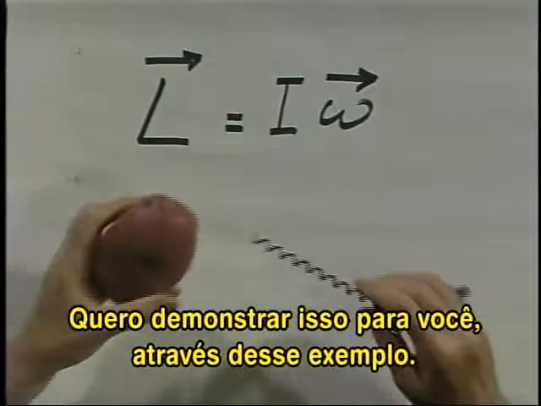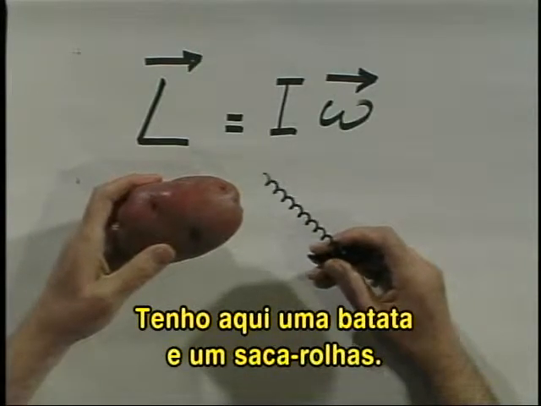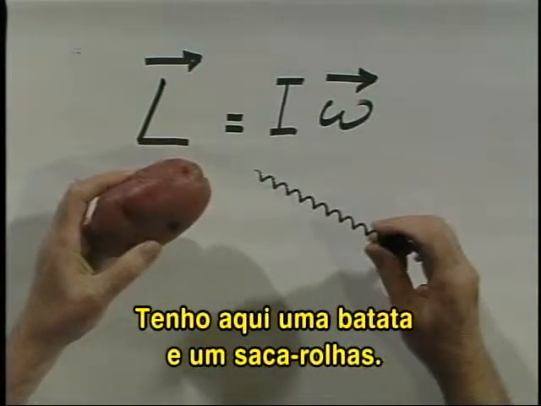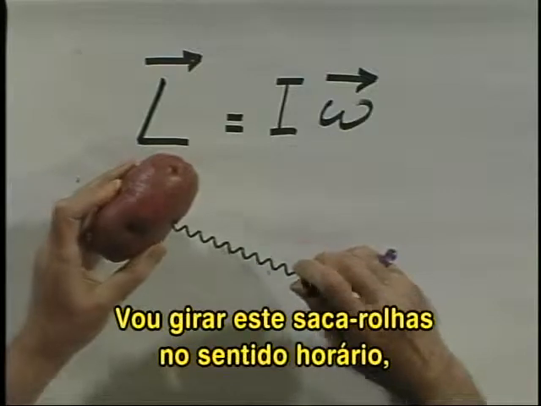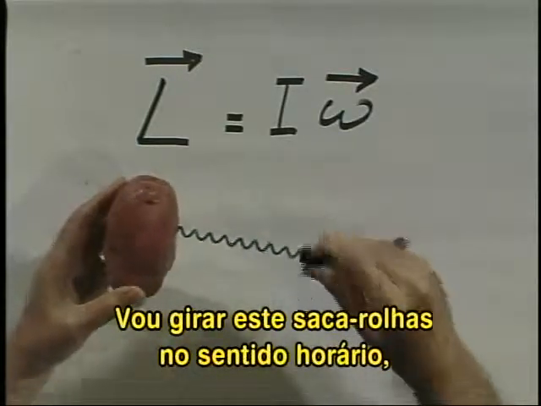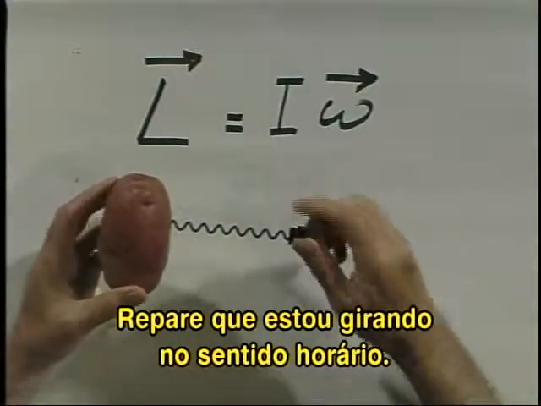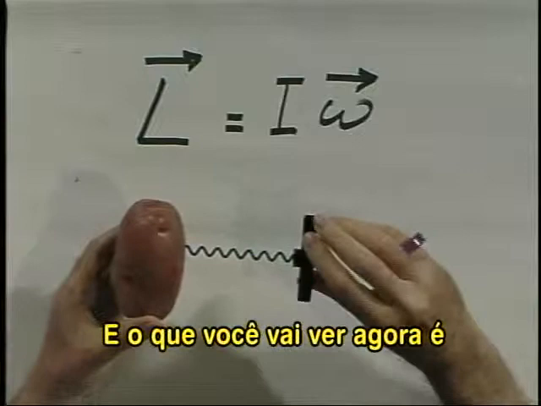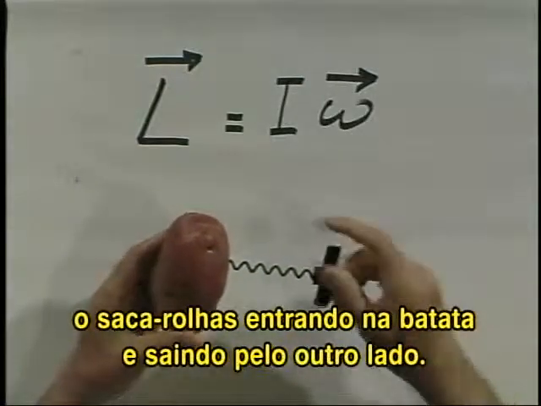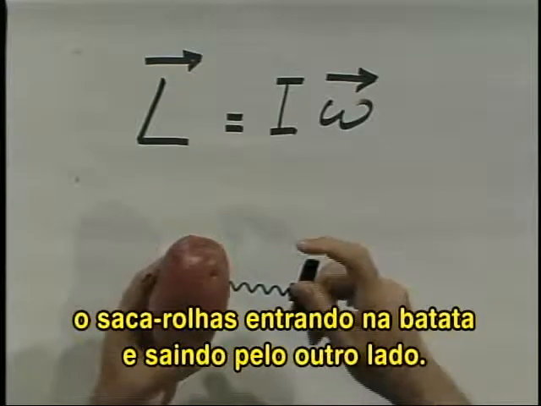I want to show this to you with this example. I have here a potato and a right-handed corkscrew, and I'm going to turn this corkscrew clockwise as seen from this direction. You're going to see the corkscrew going into the potato and coming out on the other side.